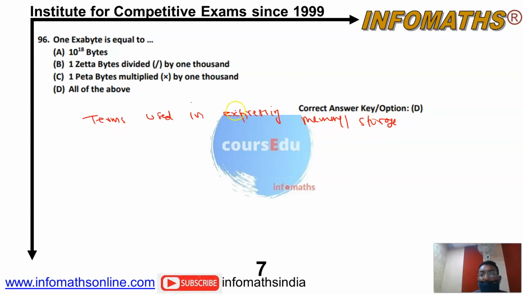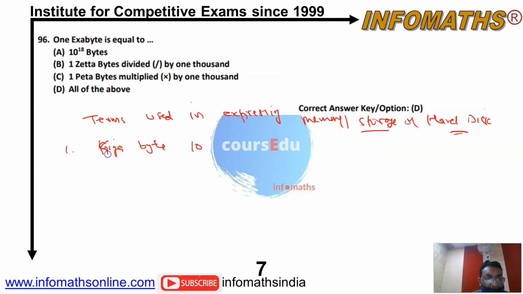So basically, if we talk about the storage of a hard disk, we use various terms. Very common terms are gigabyte. Let's start from the first.